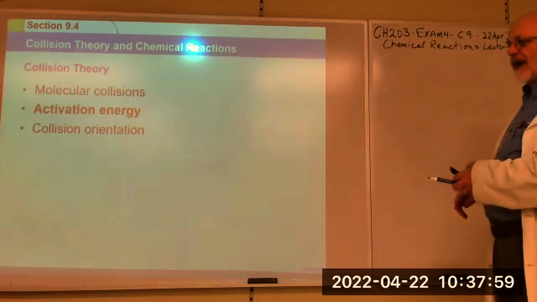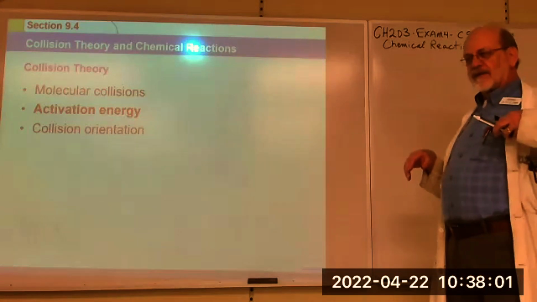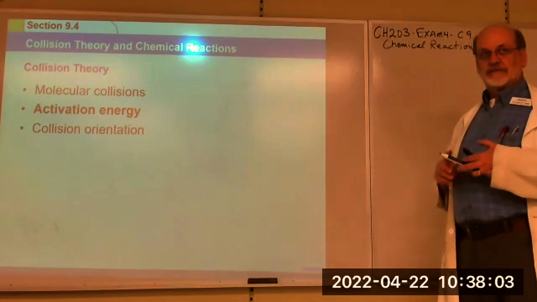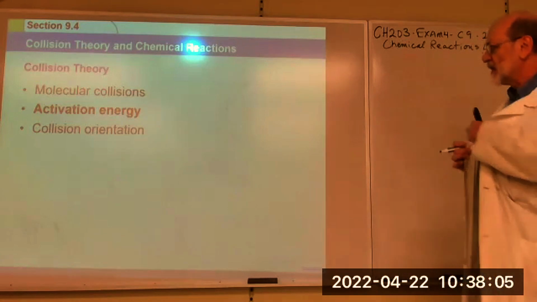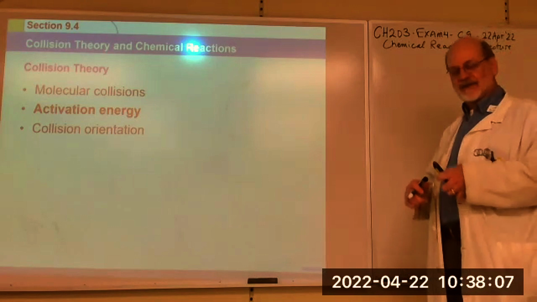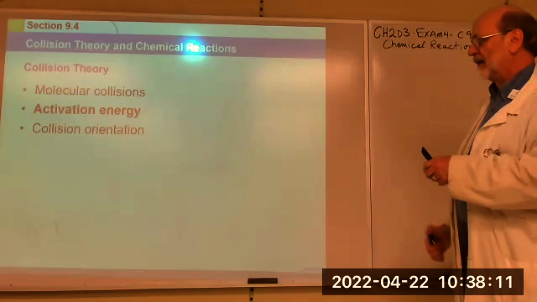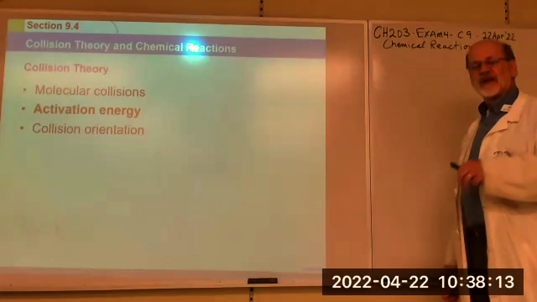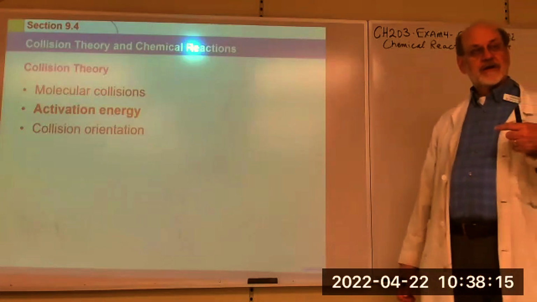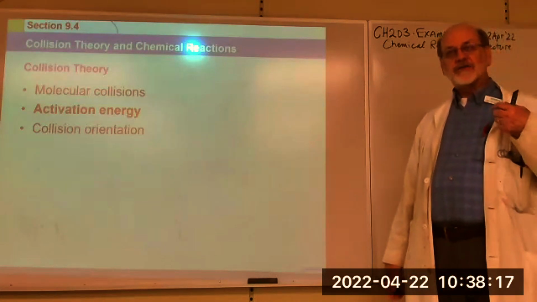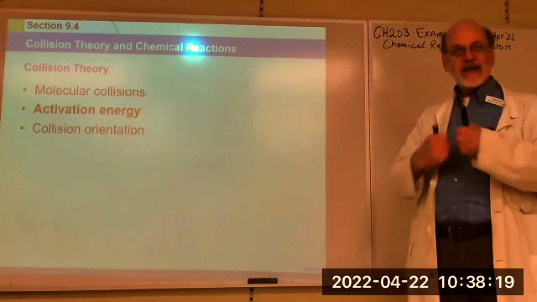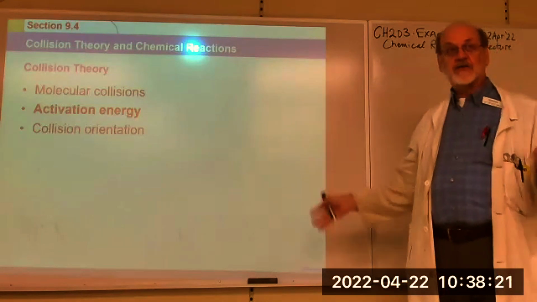Okay, so now we're going to look at theories behind reactions. And this is the collision theory. Like I said before, it's very simple. First of all, in order to have a chemical reaction, you've got to have the reactants collide with one another. They got to meet. If they don't meet, there's no reaction.